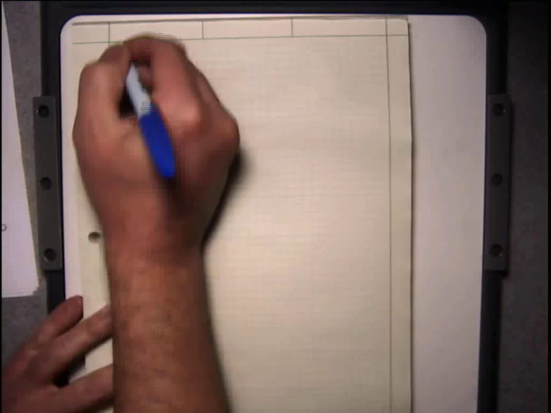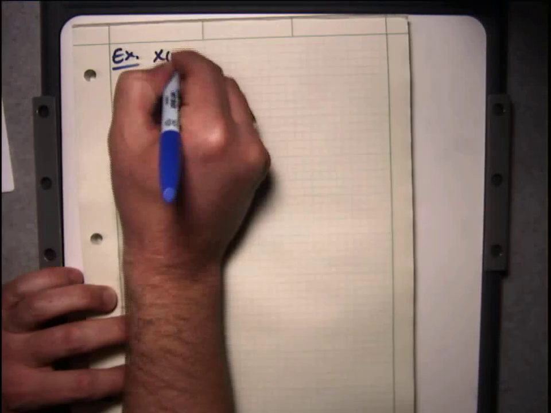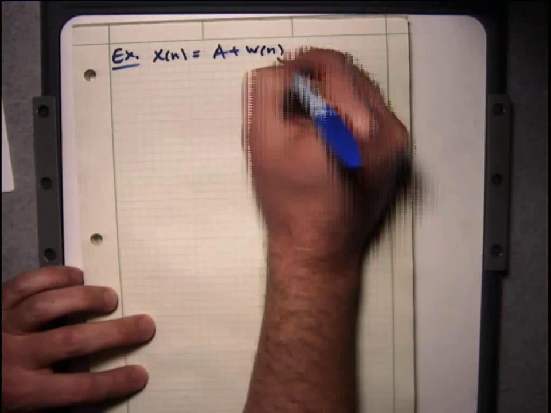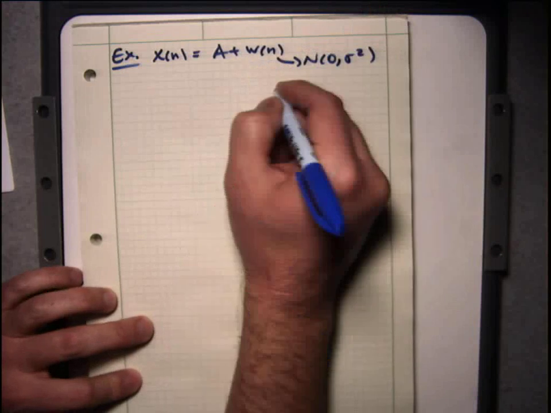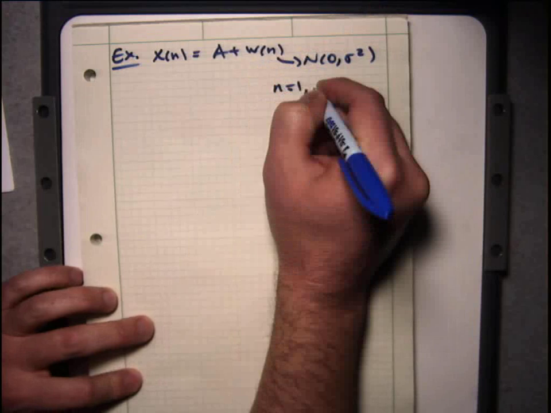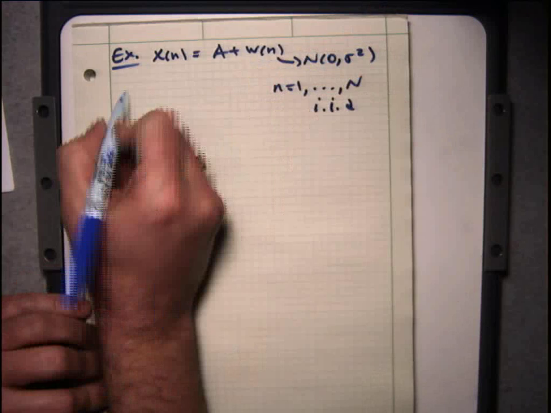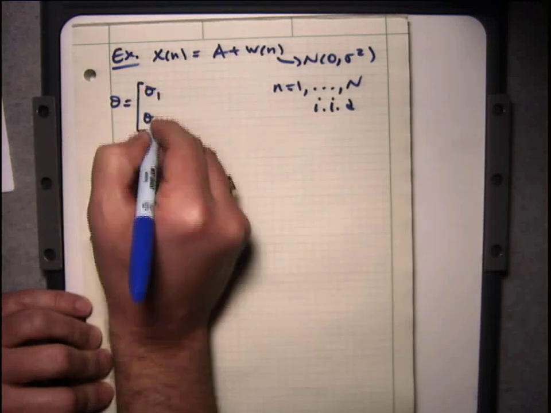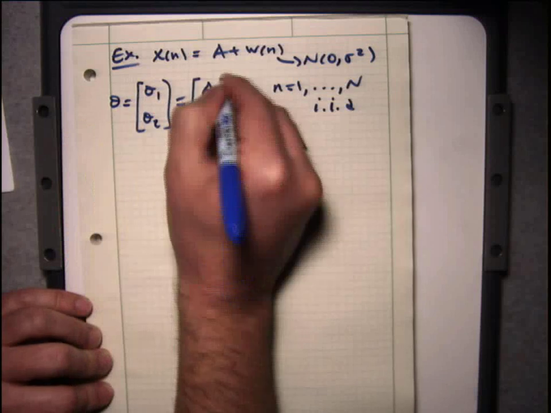Okay, now let's do the case where two parameters are unknown so that we can see the vector parameter in action. x of n is A plus w of n, with w of n zero mean with variance sigma squared, and the data is n from 1 to N, iid again. The unknown parameter is theta 1, theta 2, which are the amplitude A and the variance sigma squared.